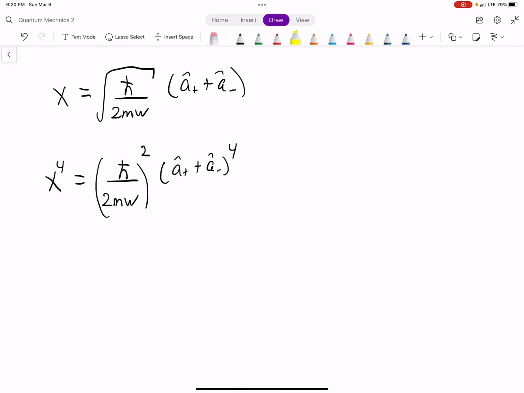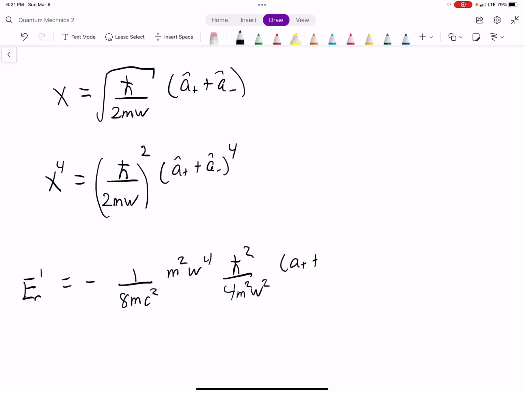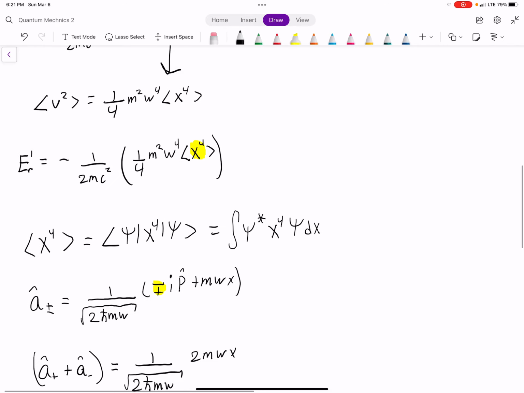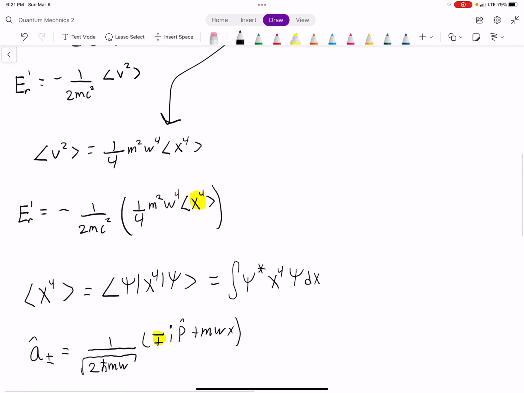And when we plug that in, we're going to get minus 1 over 8 mc squared, m squared omega to the fourth, h bar squared over 4 m squared omega squared, and then this to the fourth. Okay. So that was our energy over here.